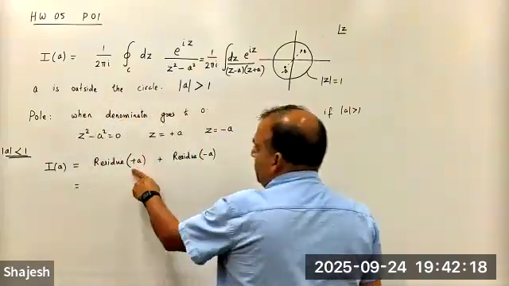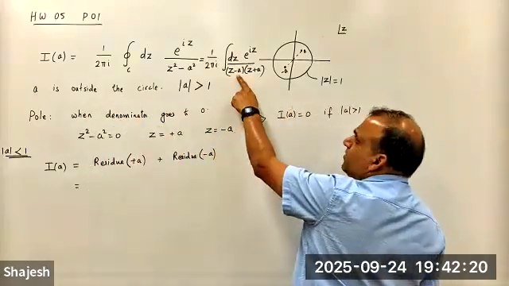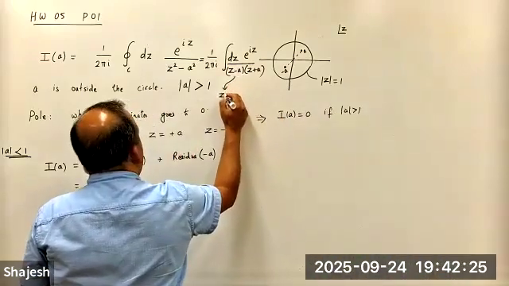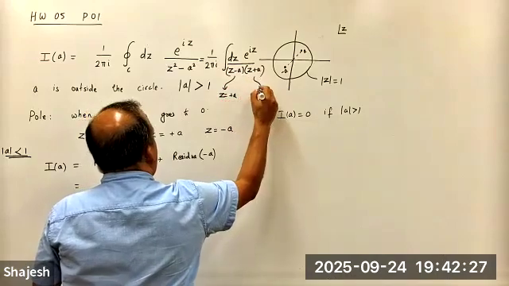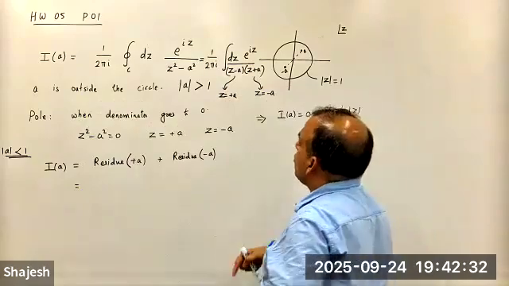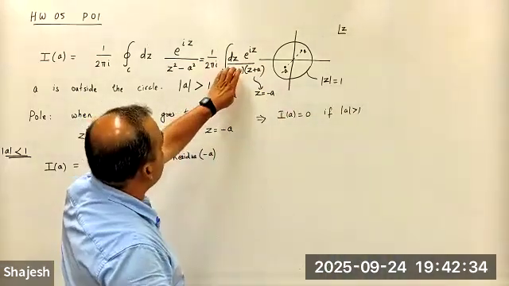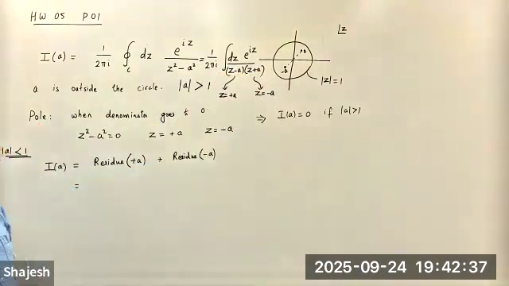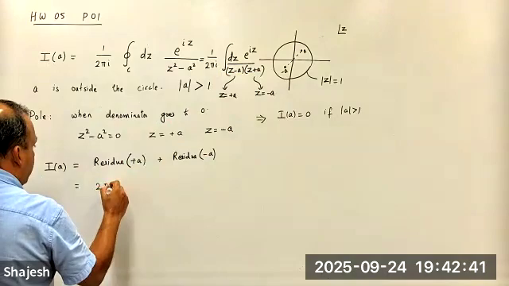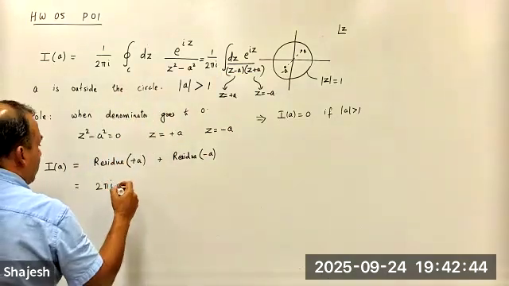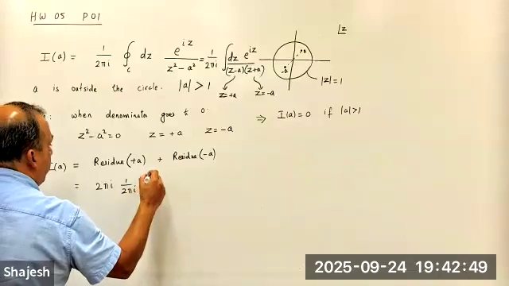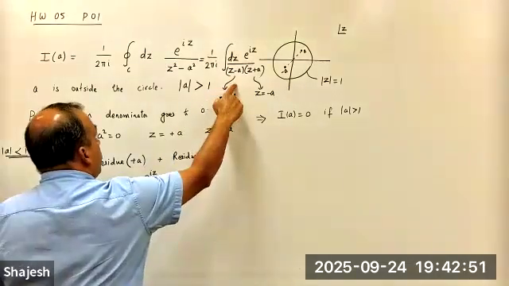When you're looking for the pole for plus A, that's z equal to plus A. So this one corresponds to z equal to plus A, and this one corresponds to z equal to minus A. So when it is z equal to plus A, you hide this and evaluate the rest. So 2 pi I times whatever is inside, that's 2 pi I times exponential of Iz, other than the z equal to plus A pole.